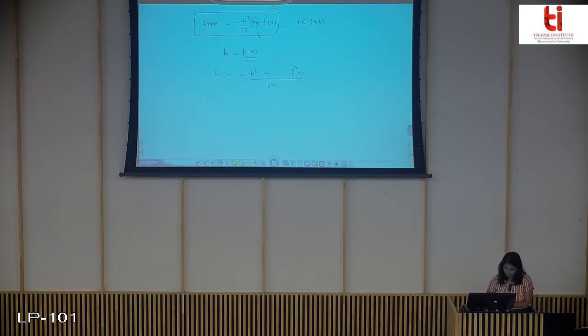This is n, and h we can write it here. It is coming out to be minus h square, b minus a upon n, f double dash r upon 12. This n is cancelled, so the formula is coming out to be h square b minus a f double dash r upon 12, where r belongs to the interval a to b. This is the error formula in the composite trapezoidal rule.